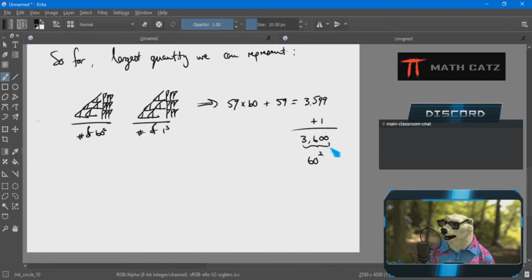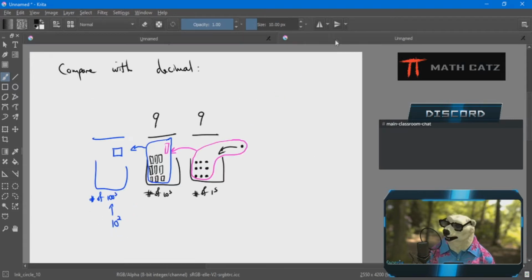If my quantity is bigger than 3,599, I'm just going to have a new place. And that place will be the number of 3600s, or 60 squared.